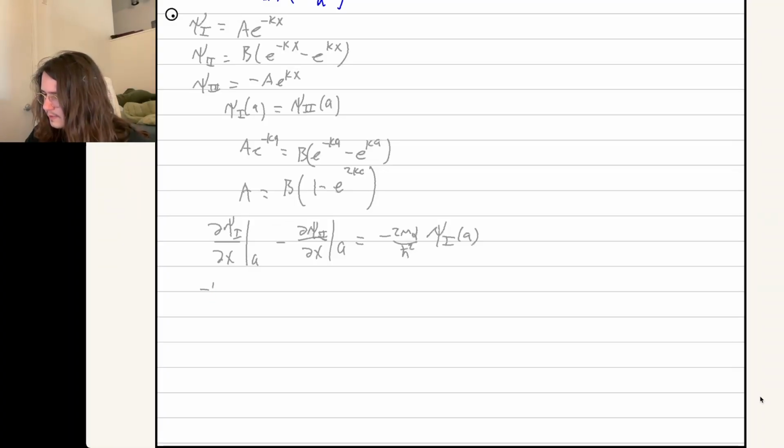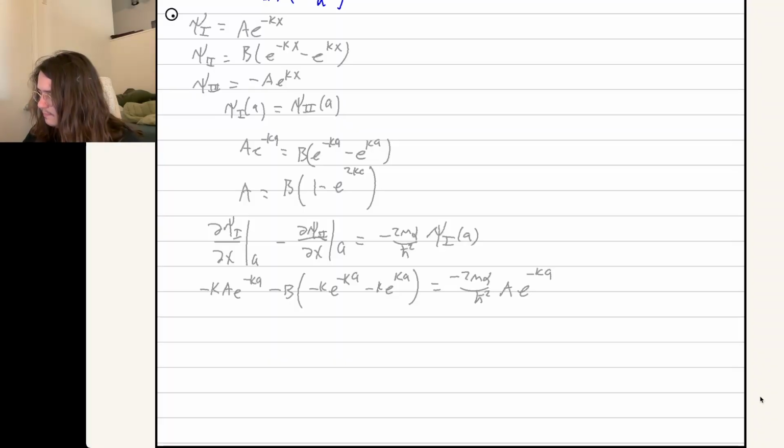So we have minus k a e to the minus ka minus b minus k e to the minus ka plus, or no, that's still minus k e to the ka equals minus 2m alpha over h bar squared a e to the minus ka.